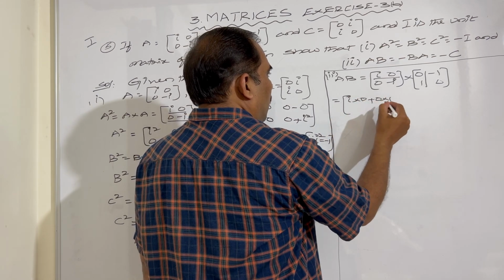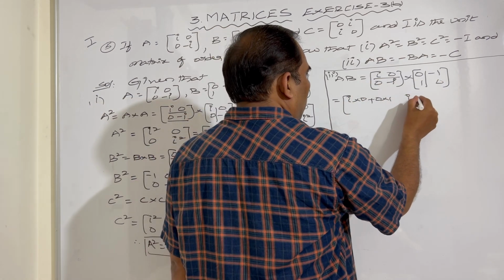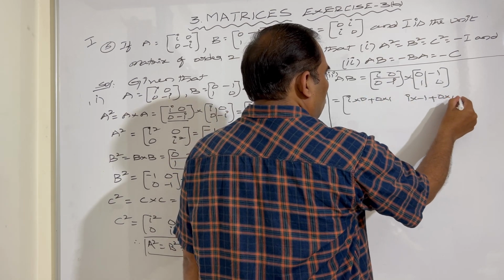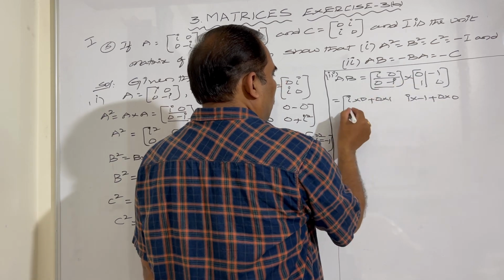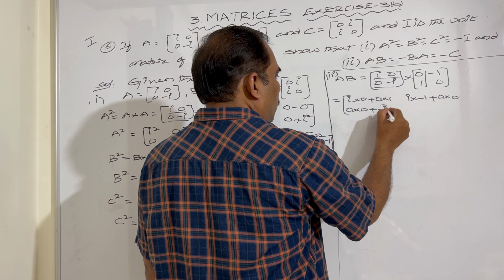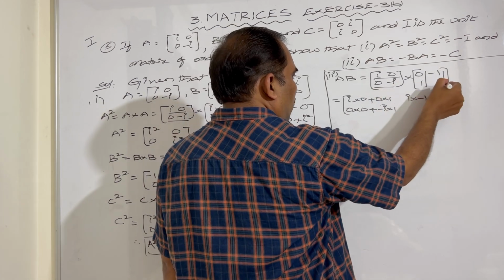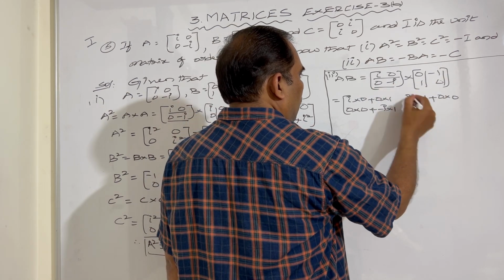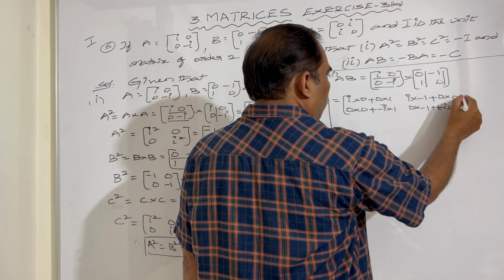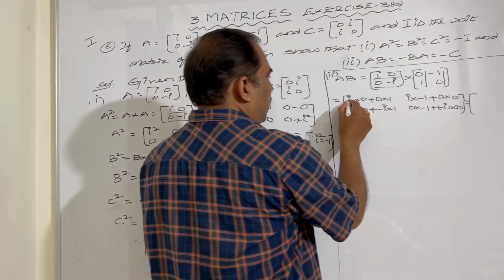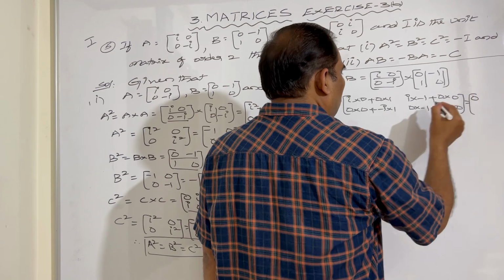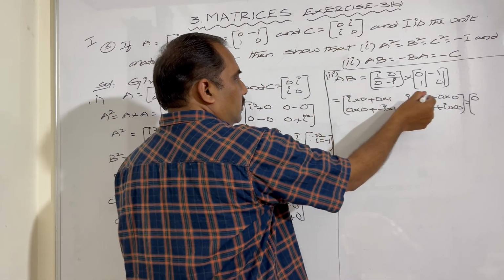again first row second column multiplying, i into minus 1 plus 0 into 0. So here second row first column, that is 0 into 0 and plus minus i into 1. Second row second column, 0 into minus 1 and plus minus i into 0. So what we get is 0 plus 0, that is 0.